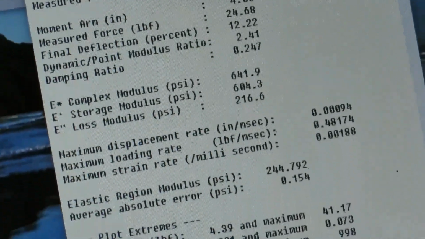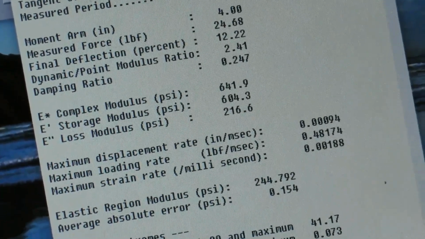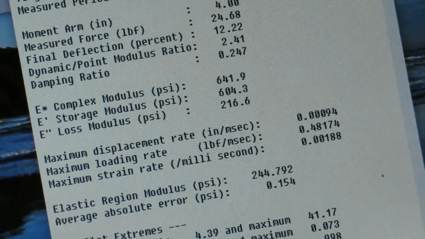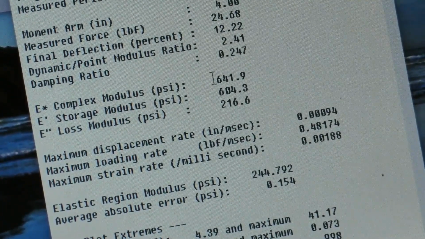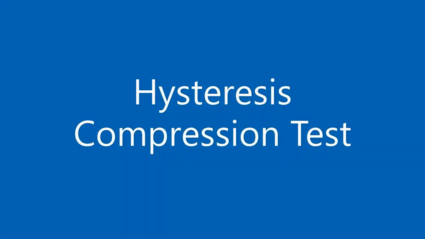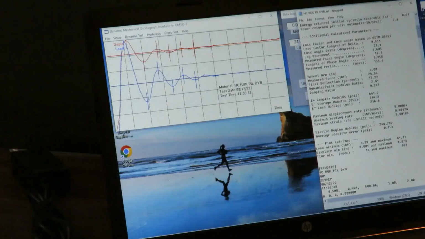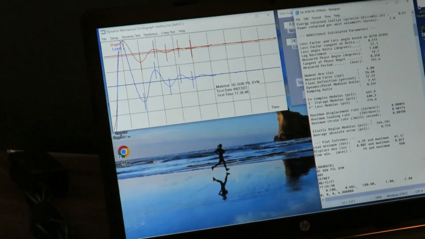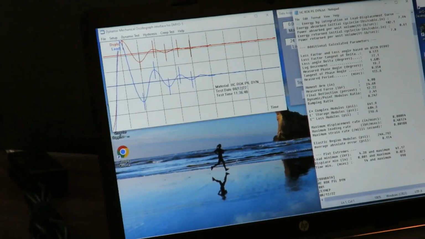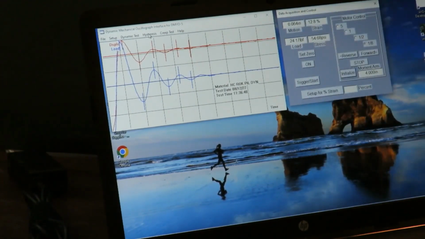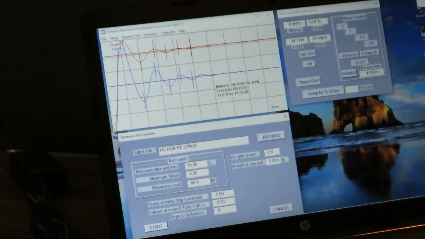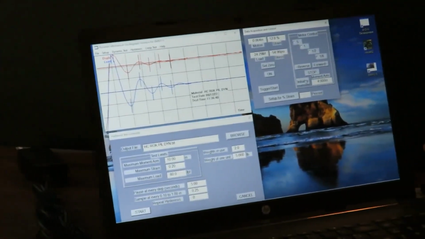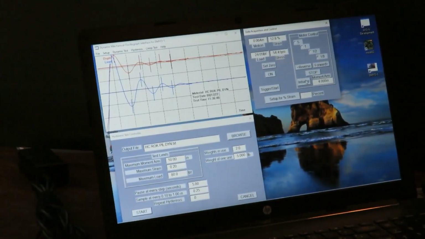Then we see moment arm, and then the complex modulus 641 psi. We have this output which we can use for dynamic tests, and then we can have a hysteresis test, which will be a test of static measurements.